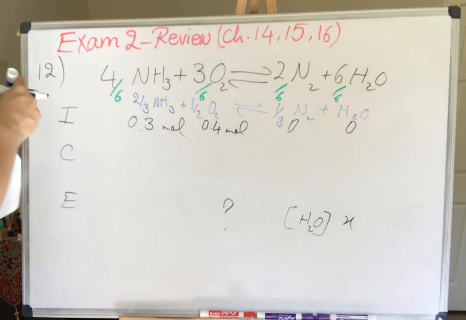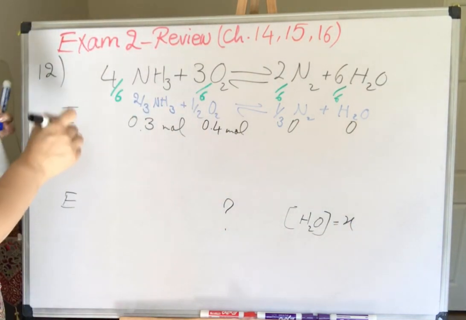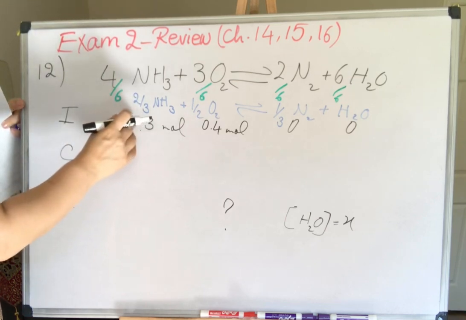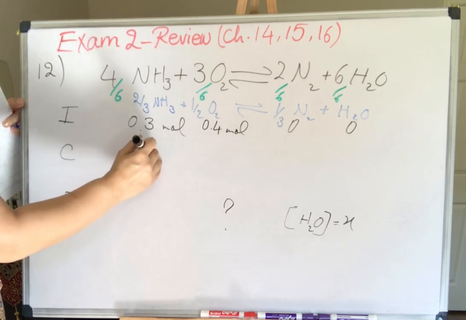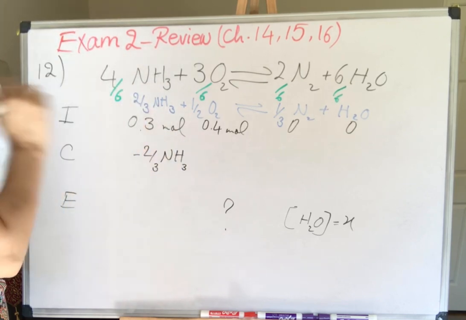So H2O at equilibrium is X, right? So let's determine the change. You have minus 2/3 of NH3, correct? We're just focusing on the new equilibrium.